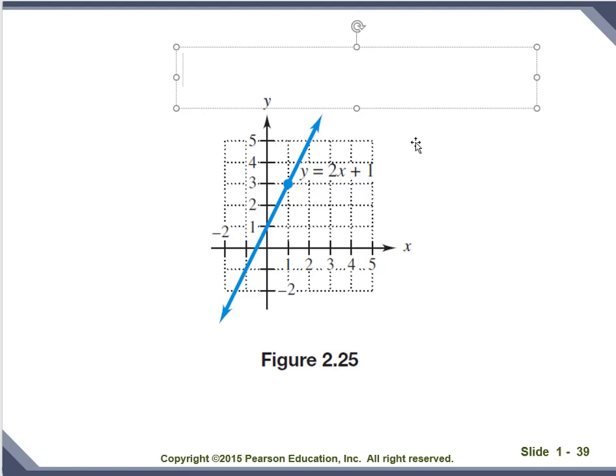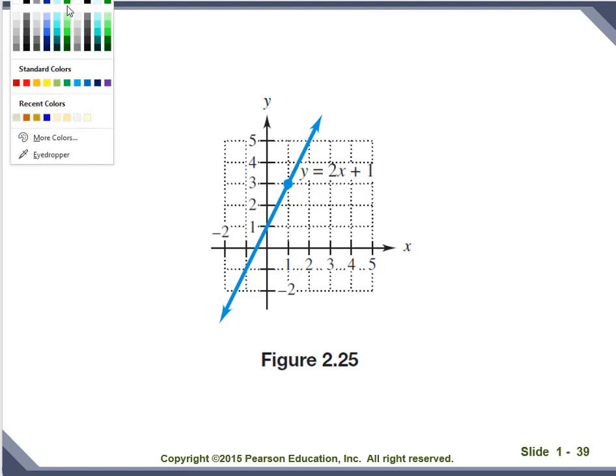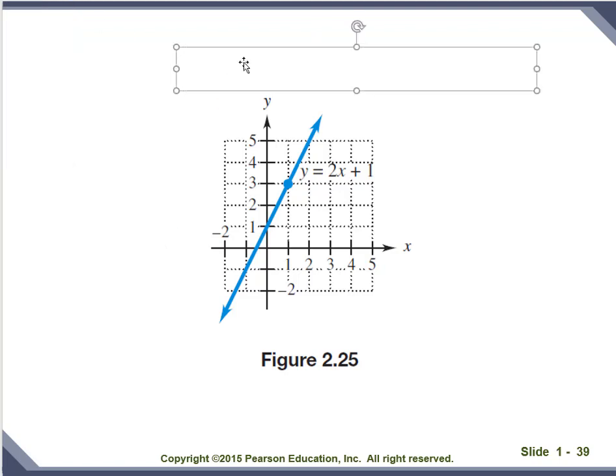So we have y, that is in white, and you can't see it, it looks like to me. Try it again. We have y minus the y coordinate. It should be a lowercase y. Y minus the y coordinate equals the slope times the quantity of x minus the x coordinate.